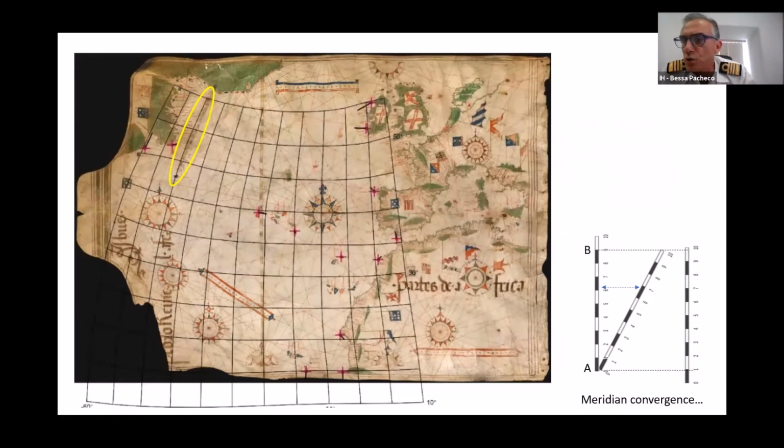I decided to try and impose the grid on this chart, and what I've noticed is that the convergence of meridians is really fitting the tilt angle of this meridian. Could be by chance, because I only have 2 really good points over here to do my interpolation.